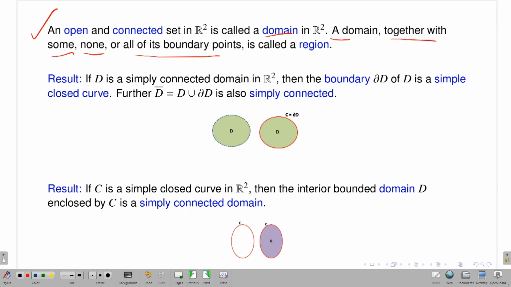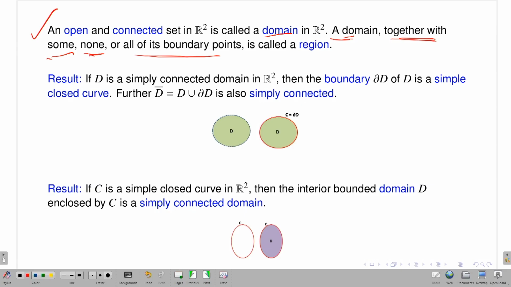Okay, that's my definition. So if I start with that, let D be a domain in R2. What does it mean? That means the set D is open as well as connected. Now if I say D is a region, of course a domain is a region. Now look at the definition: a domain together with some, none or all of its boundary points. So if I have a domain which is open, connected and has no boundary points, it is a region.